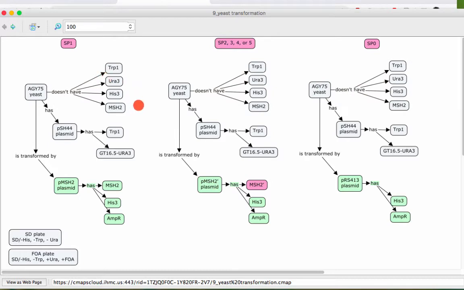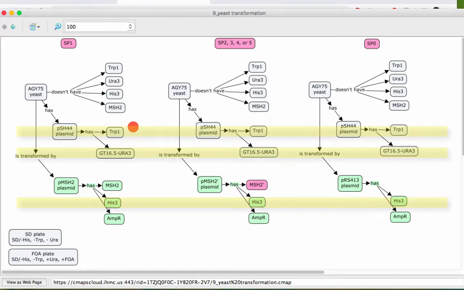However, those essential genes are provided by plasmids that are either carried by the yeast or transformed by us into the yeast. So here's TRP1, URA3, and HIS3. So all three yeast strains are expected to grow on the SD plate.